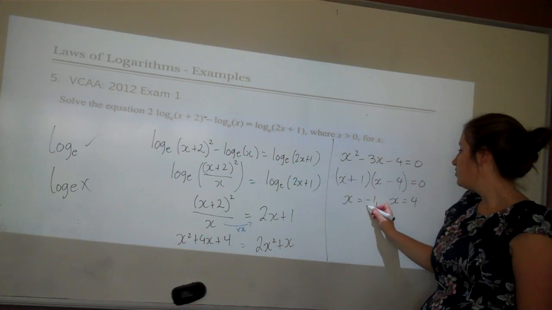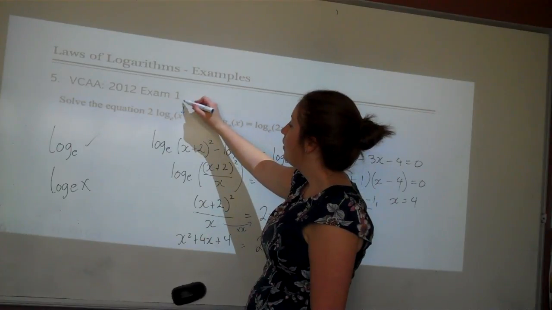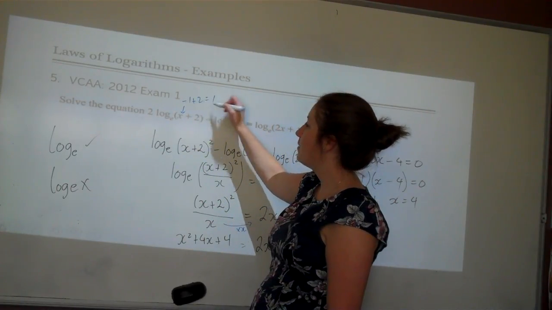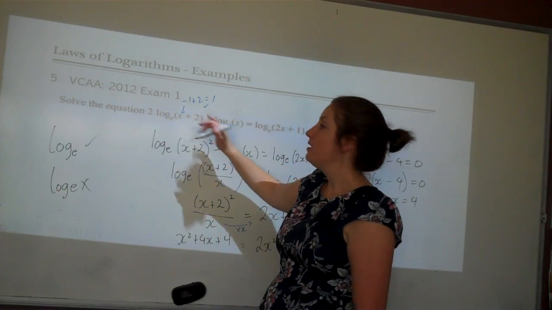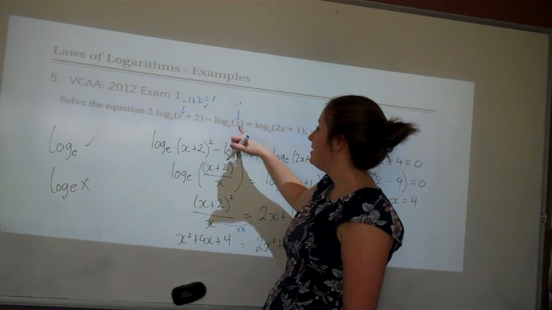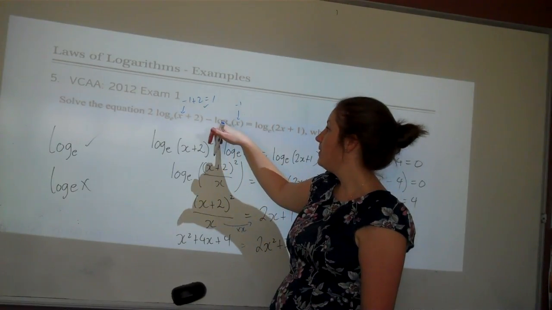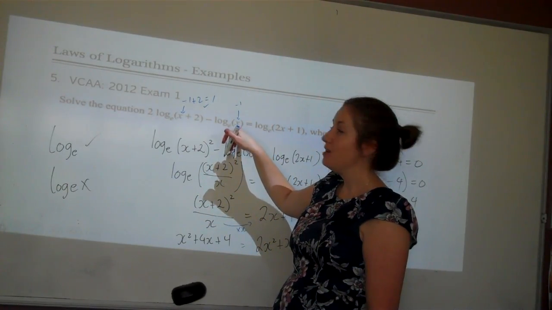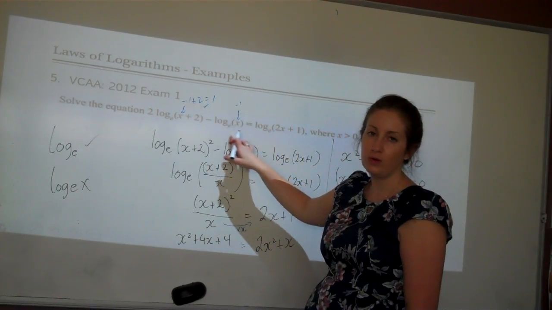If I was to substitute negative 1 into this expression here, I would get negative 1 plus 2, I would get positive 1. That's okay, that's fine. If I was to substitute negative 1 in here where the x is, that's not okay. Remember, we can only have logs of positive numbers. If I was to substitute negative 1 in there, this number is no longer defined.